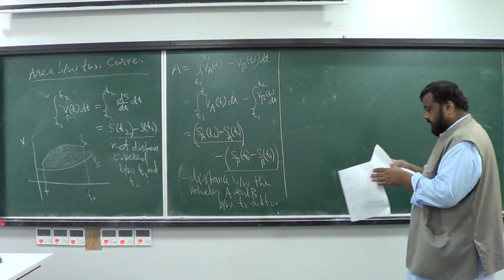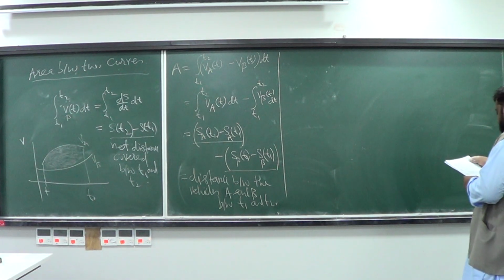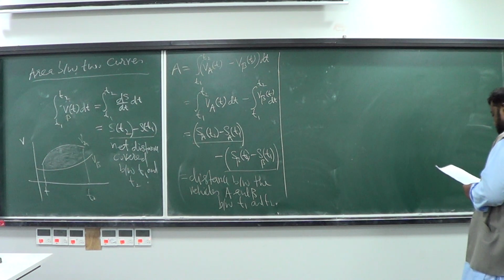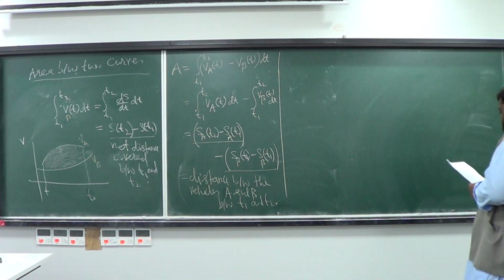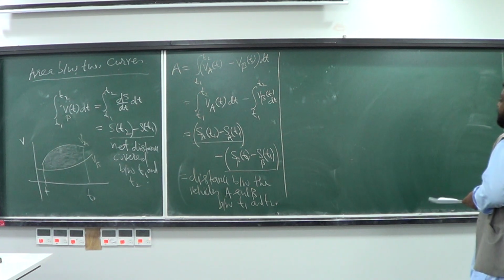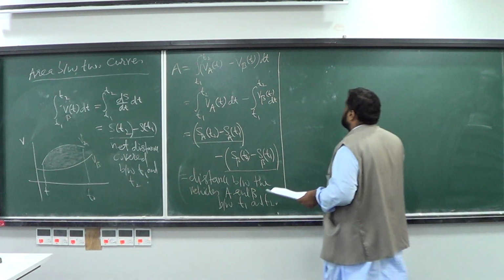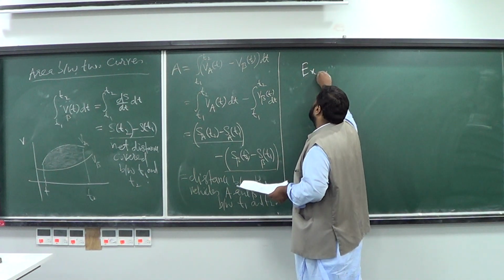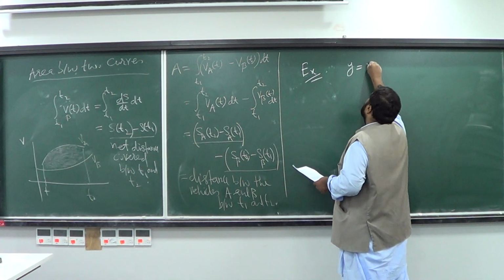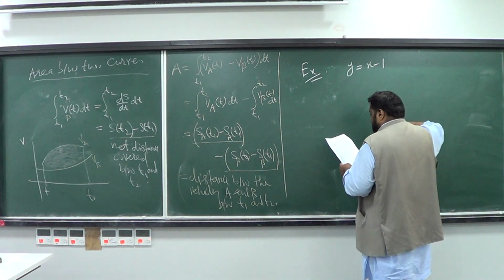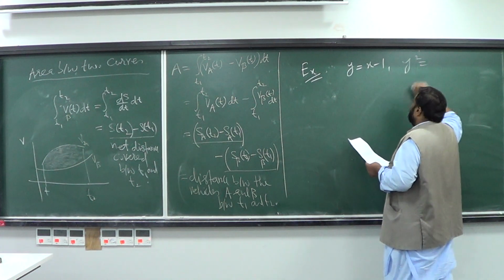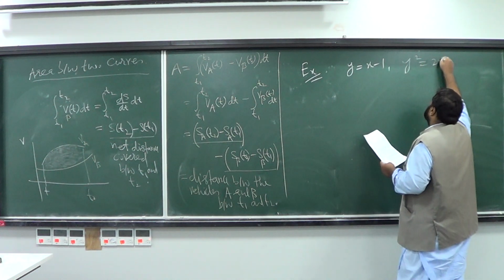Now imagine a situation. I want to do an interesting example now. Imagine you have been asked to compute the area between a line y equals x minus 1 and the parabola y squared equals 2x plus 6.